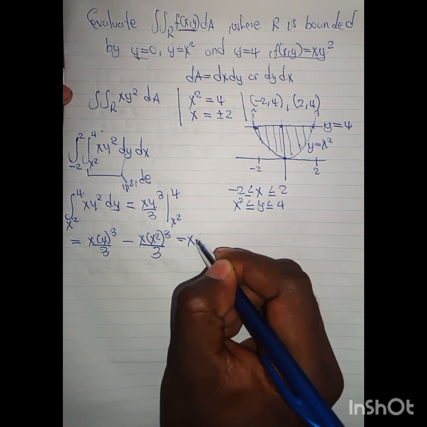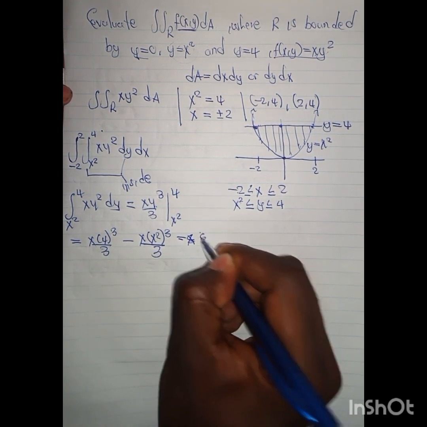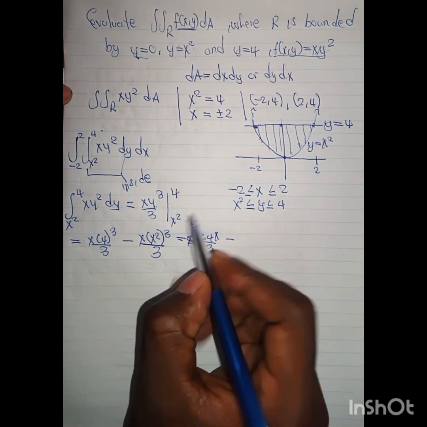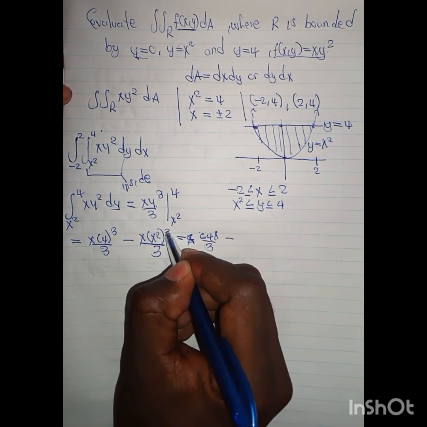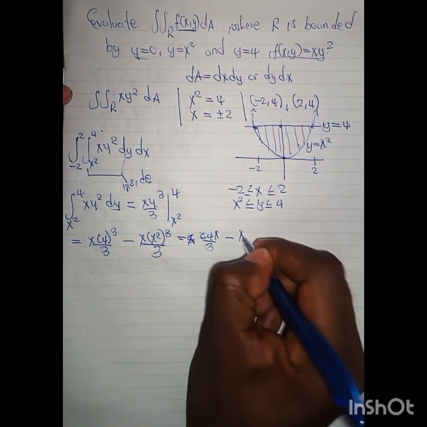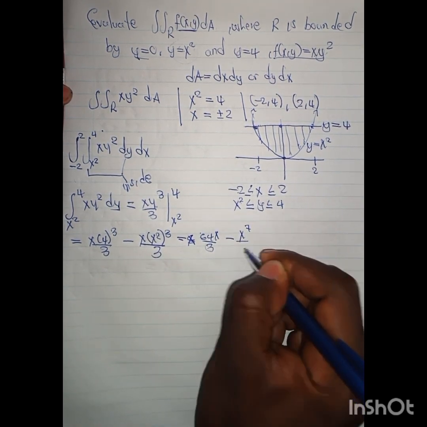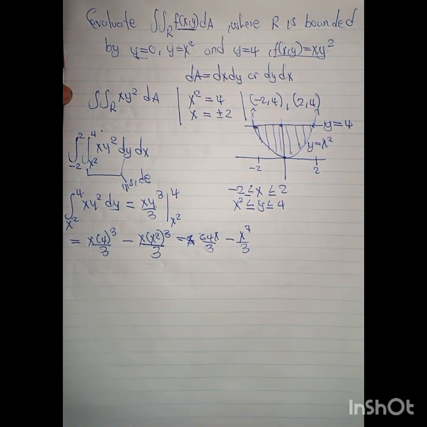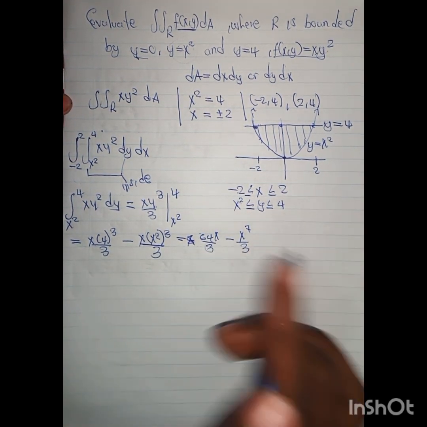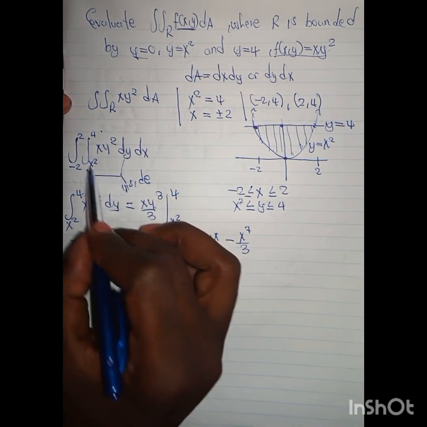So we'll have 64x over 3 minus, then we have 2 times 3, which is 6, plus 1 is 7, so we'll have x to the power 7 over 3.